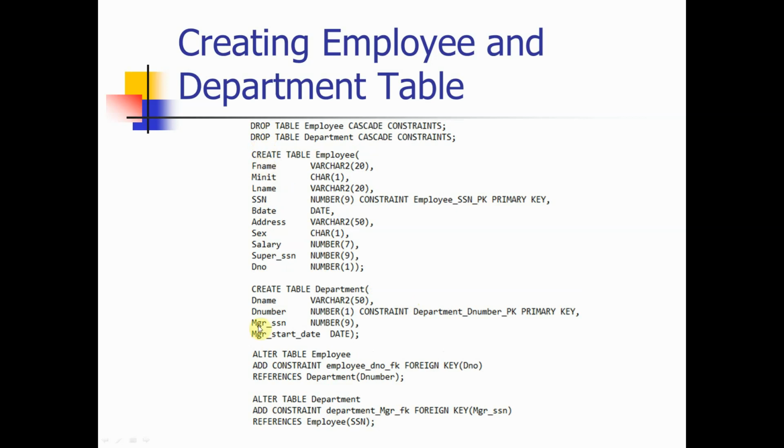Before we execute anything, you may notice that I do drop table employee, drop table department. Why do I do that? You need to understand one thing. Oracle remembers everything. So if you want to rerun a program, Oracle is not going to let you create an employee table while it already has an employee table. And you may have had these experiences in your assignments already.